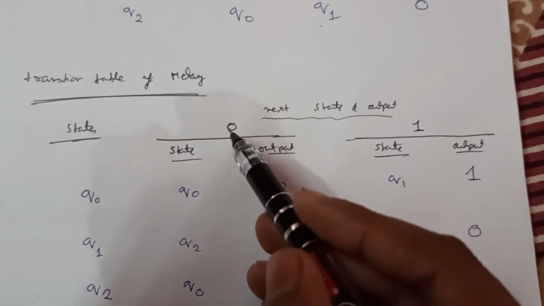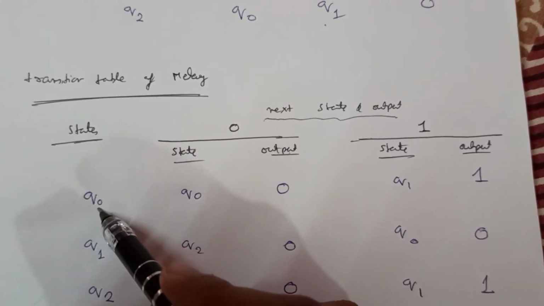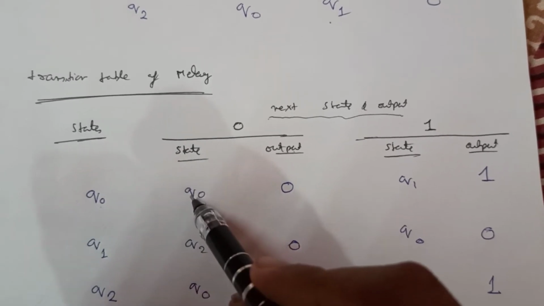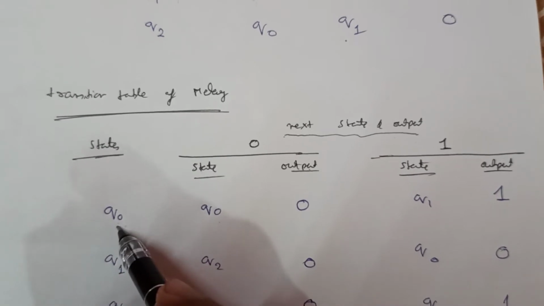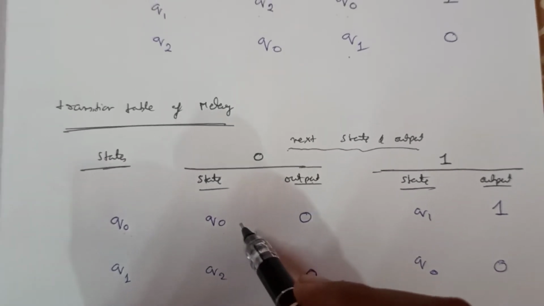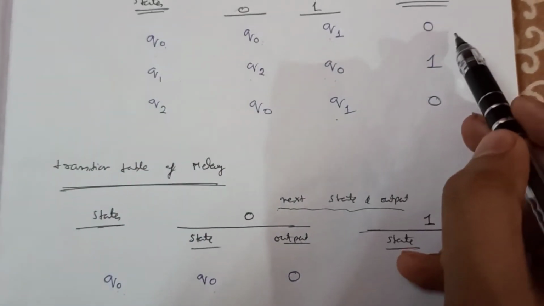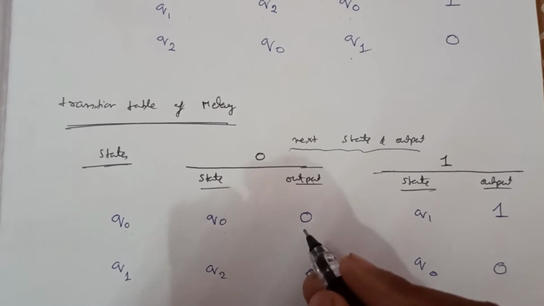So I will first check, after receiving the input symbol, where our present state is going now. After receiving the input symbol 0, our state has now become Q0, and I will check what the output is for that state. For Q0 the output is 0, so I will write 0.